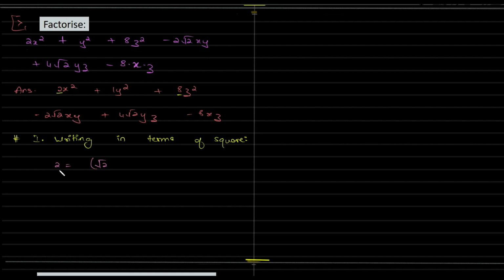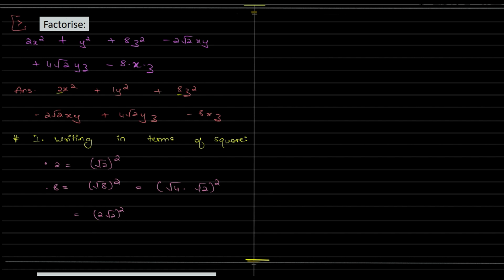I can write 2 as root 2 the whole square. Make sense? And 8 as root 8 the whole square. Root 8 square gets cancelled and you get back 8. Now let's further simplify this. Root 8 can be written as root 4 into root 2 the whole square, and root 4 is 2, so 2 root 2 the whole square, and so you have a simpler expression.